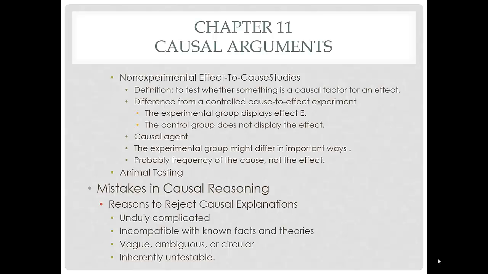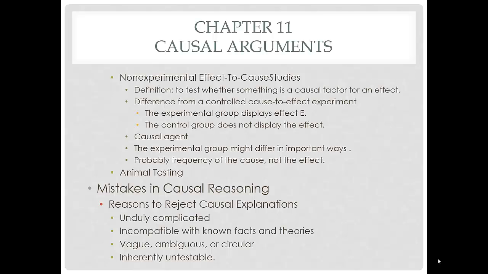One, the inquiry is reversed. Instead of going from, I know the cause, what's the effect? It's, I know the effect, I wonder what the cause is. Secondly, obvious enough, in the controlled cause-to-effect experiment, those conducting it introduce the cause.